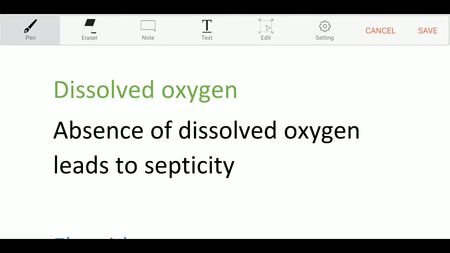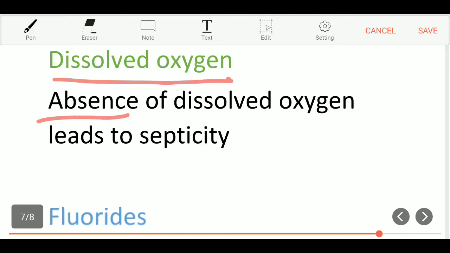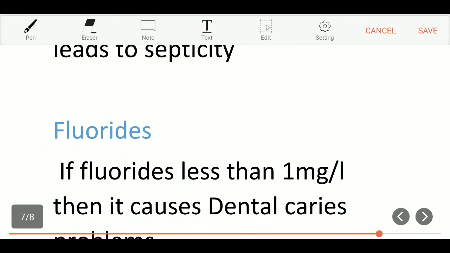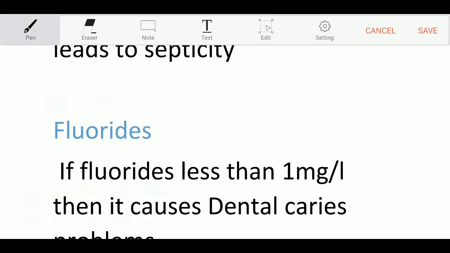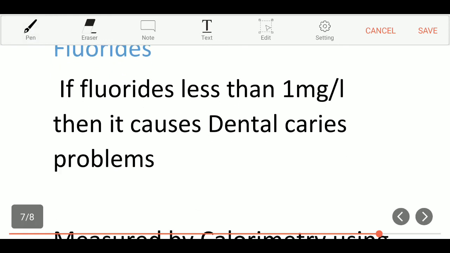Dissolved oxygen keeps water fresh for very long periods. Absence of dissolved oxygen in water leads to septicity, so it's not fit for drinking if the oxygen is absent. Fluorides, if less than 1 milligram per liter, cause a dental problem.